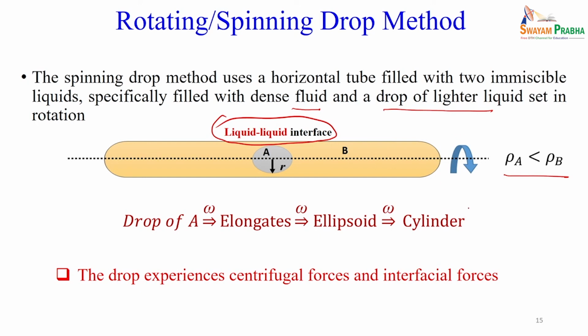Once we rotate it, the drop of A first forms a circle, then it reaches the center because of the centrifugal force. Then if you continue rotating, it elongates, deforms into an ellipsoid, and finally ends up as a big cylinder, with the small drop also forming a small cylindrical shape.